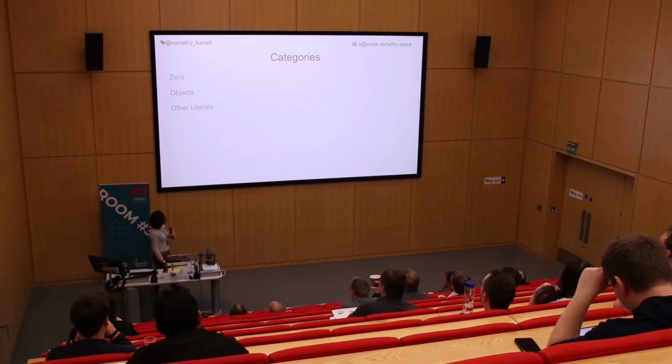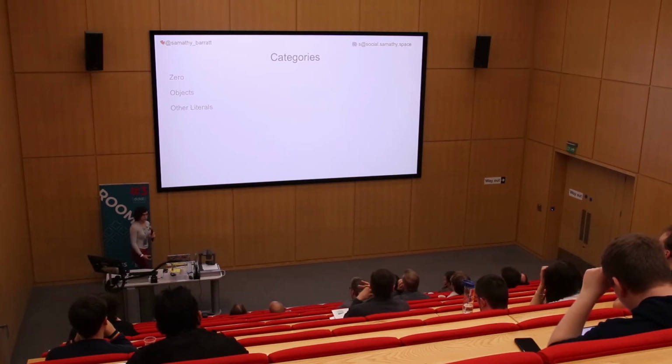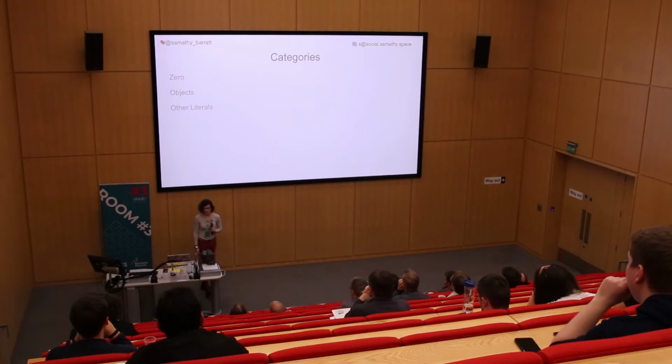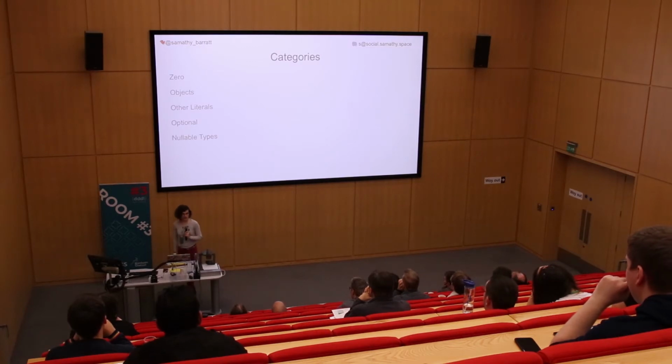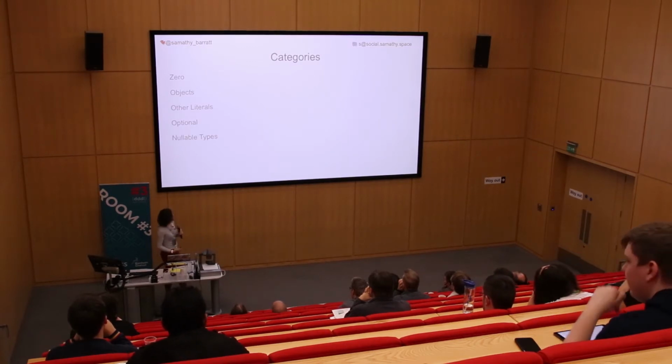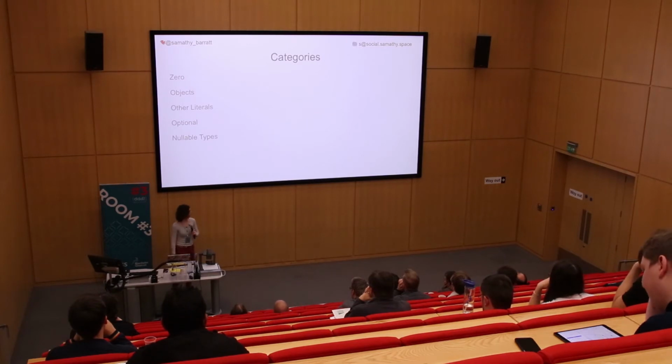I'm also going to talk about other literals. I'll explain what a literal is later. I'm going to talk a bit about optional types, and some nullable types. And finally, I'm going to talk about some other interesting nothings in programming languages and computer science.